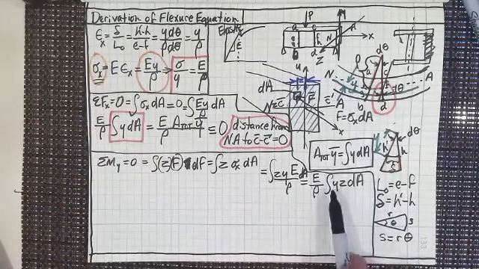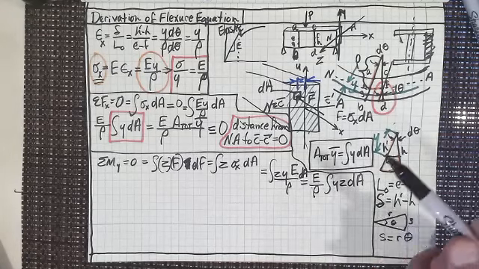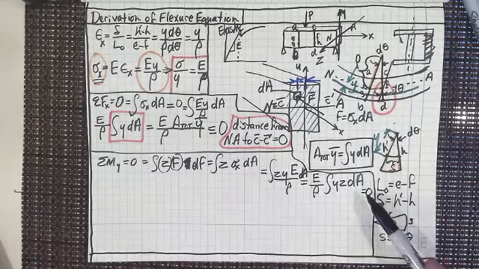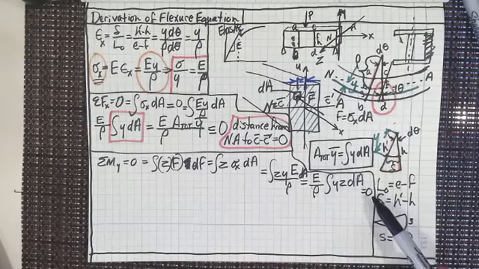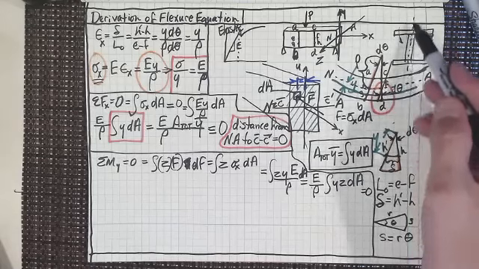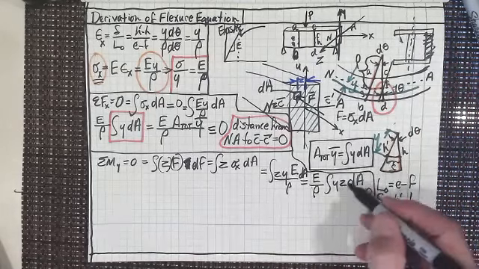yz dA is called the product of inertia. That's called the product of inertia. And basically what it's saying is, and that's 0, of course, because we started with 0 up here. If you don't want any rotation around the center, you should make whatever beam you've got symmetrical, so that this is equal to 0.